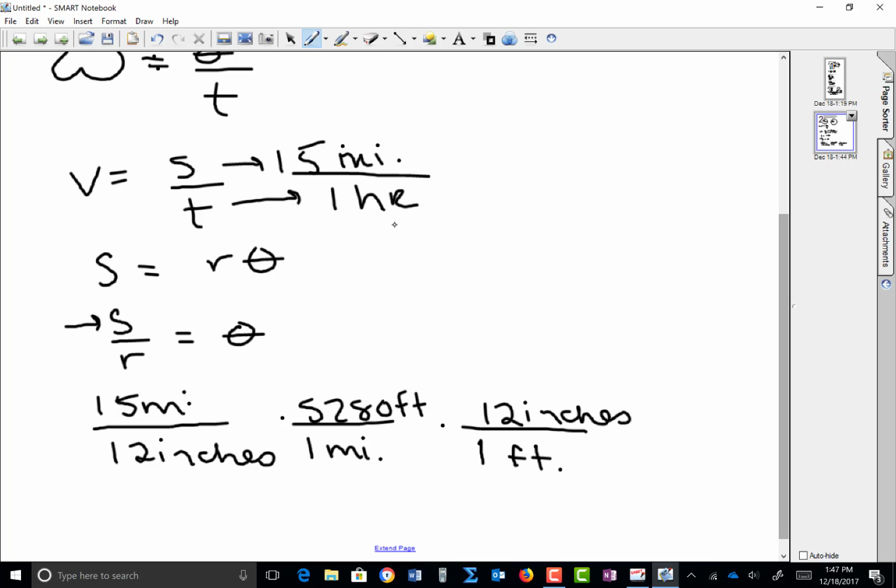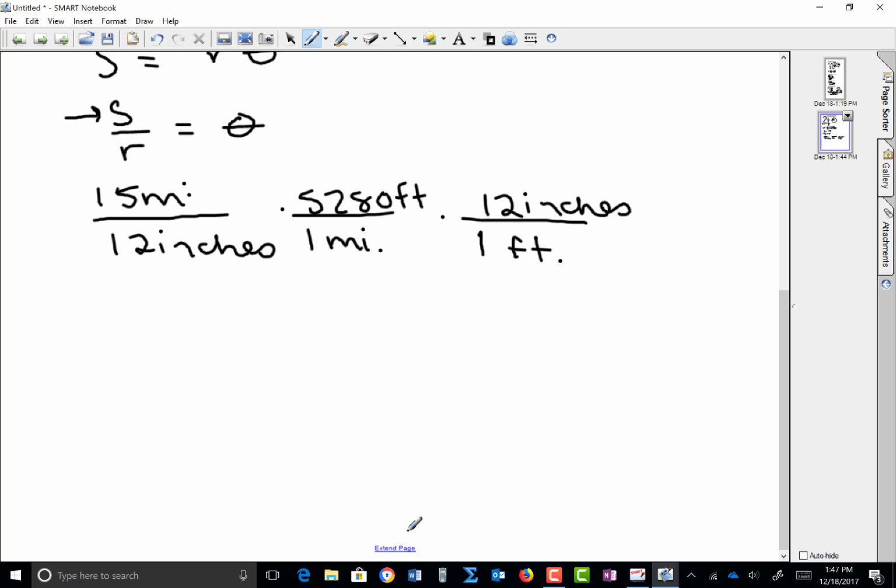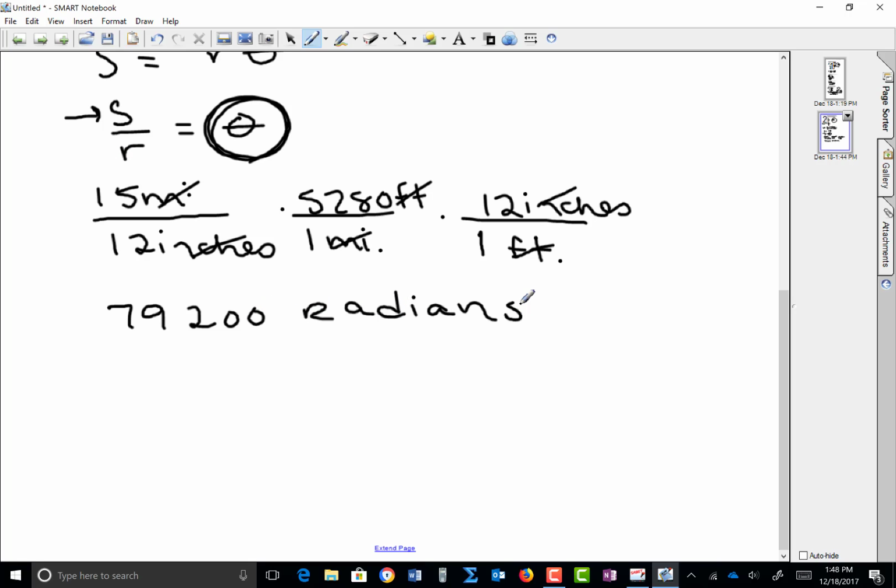I just put it in my calculator. The inches cancel, feet cancel, miles cancel, and what I'm left with is this radian measure, this angular measure. When I do this on my calculator, I get 79,200. And that's in radians. When all the units cancel out, remember from your video that means it's in radians.